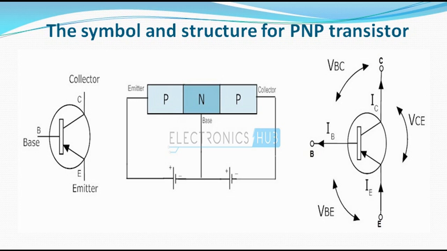This is the conventional current, and where the NPN had positive in this place, here now it is positive, negative, positive, so negative is in between them. This is the complete structure for PNP.